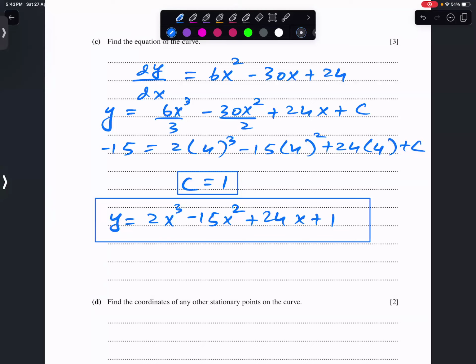Find the coordinates of any other stationary point on the curve.